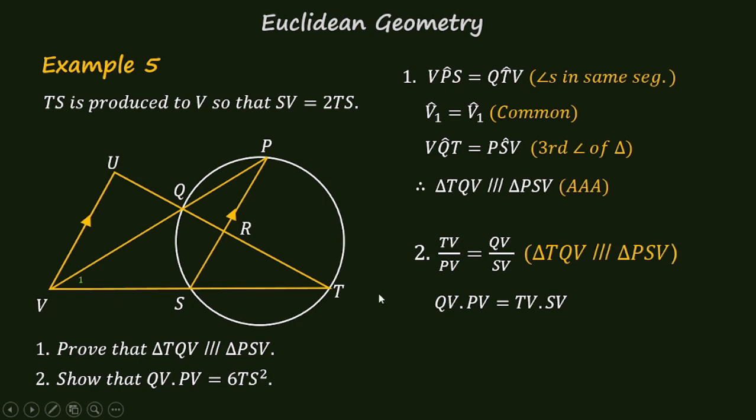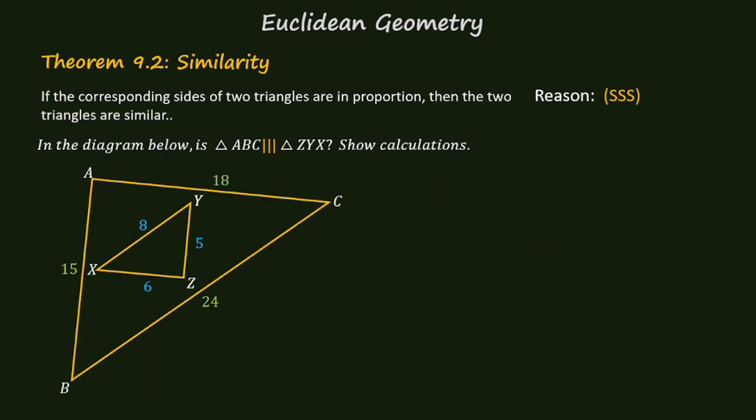So I have 3 TS's from T to V. So therefore, TV will be 3 TS. SV has already been given to us as 2 TS. So we can write this as QV times PV equals 3 TS for TV times 2 TS. If you multiply 2 and 3, that will give you 6. And TS times TS will be TS squared.